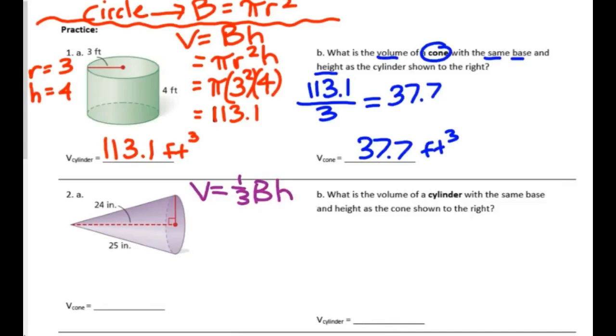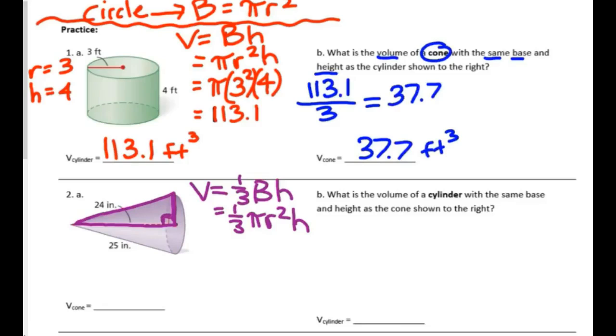Now there's a problem here. For B, we need to do pi r squared, right? So 1/3 pi r squared h. I know what my h is, but guess what's missing? The radius, the r. So, hopefully you notice there's a right triangle here.